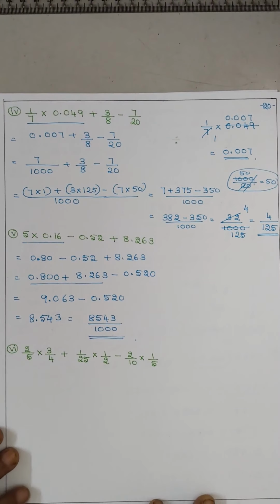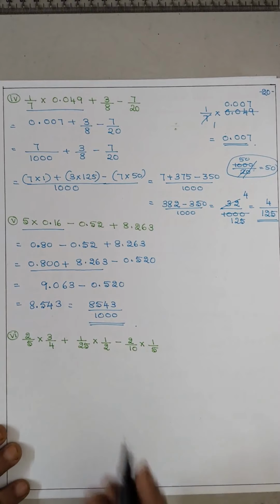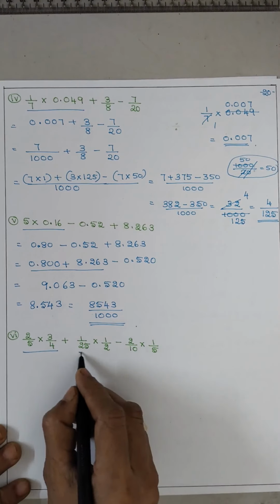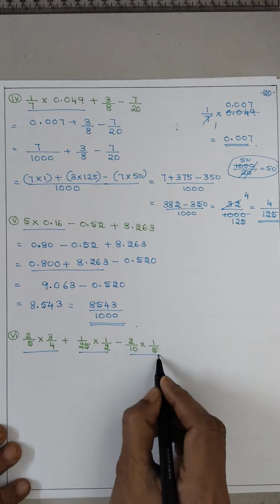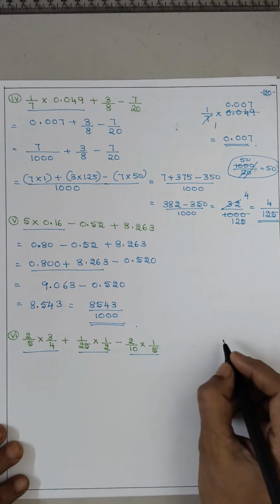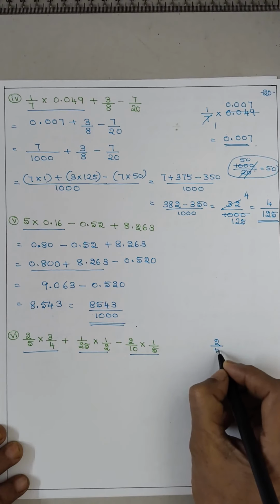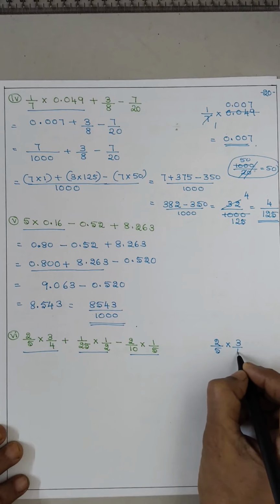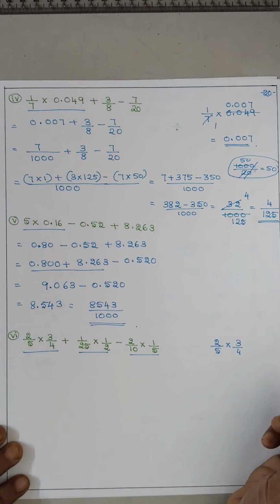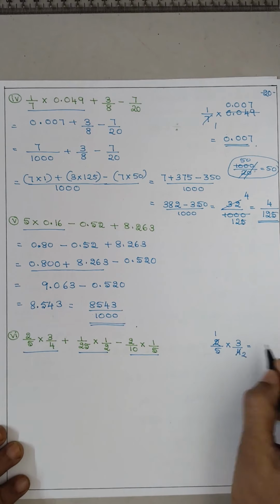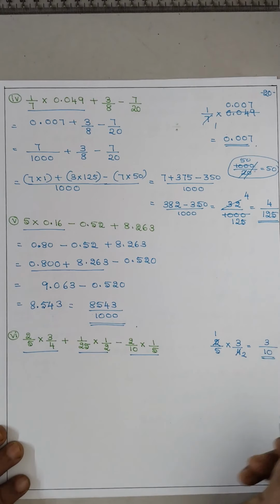Now coming to the last sum, तीनों multiplication. So 2 by 5 into 3 by 4. Is there any cancellation? Yes, 2 1s are, 2 2s are. So you got 1 3s are 3, 2 5s are 10.